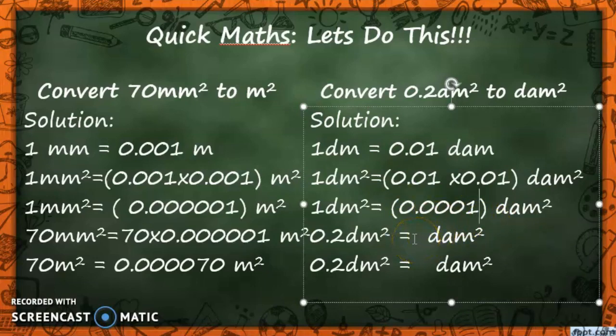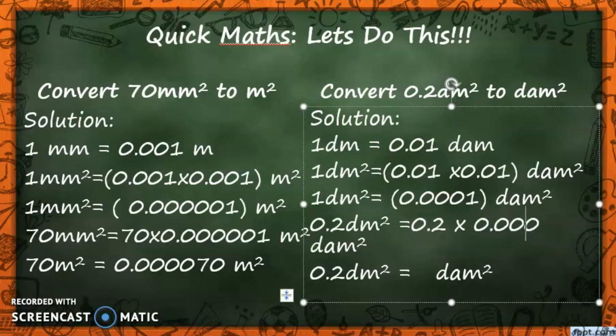Alright, so 0.2 multiplied by 0.0001. Alright, very simple.